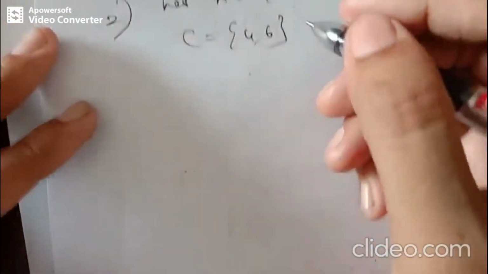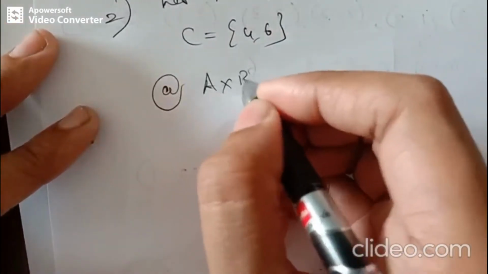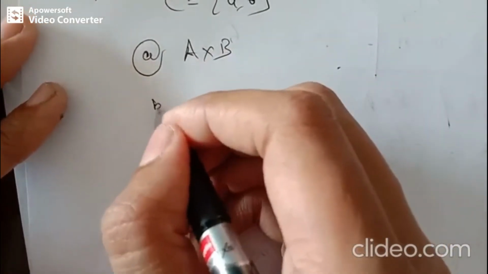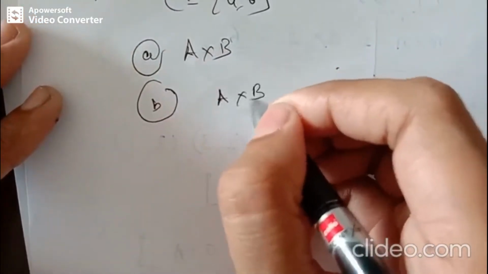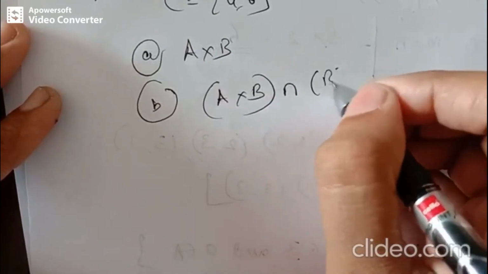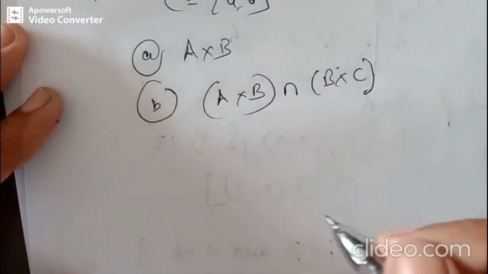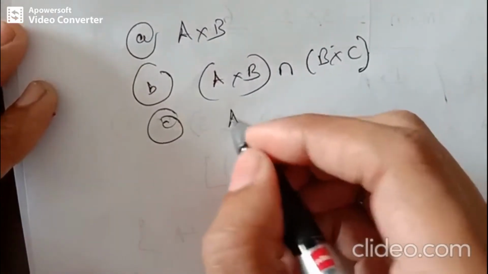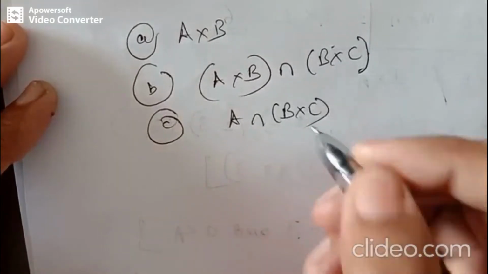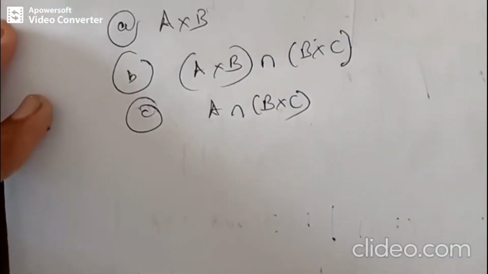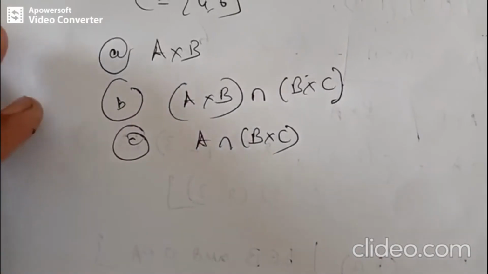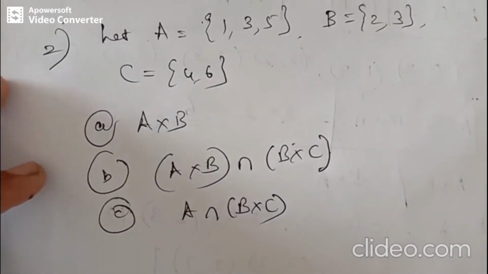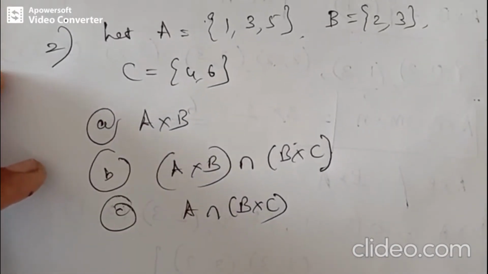We have to write down the Cartesian product A cross B, then A cross B intersection B cross C, and A intersection B cross C. So we have to compute all these things. The basic elements in each set are given.